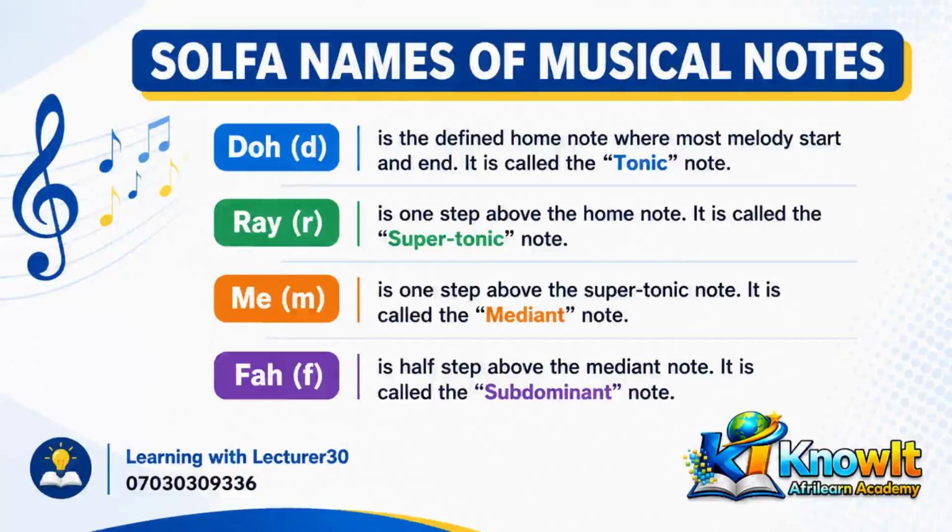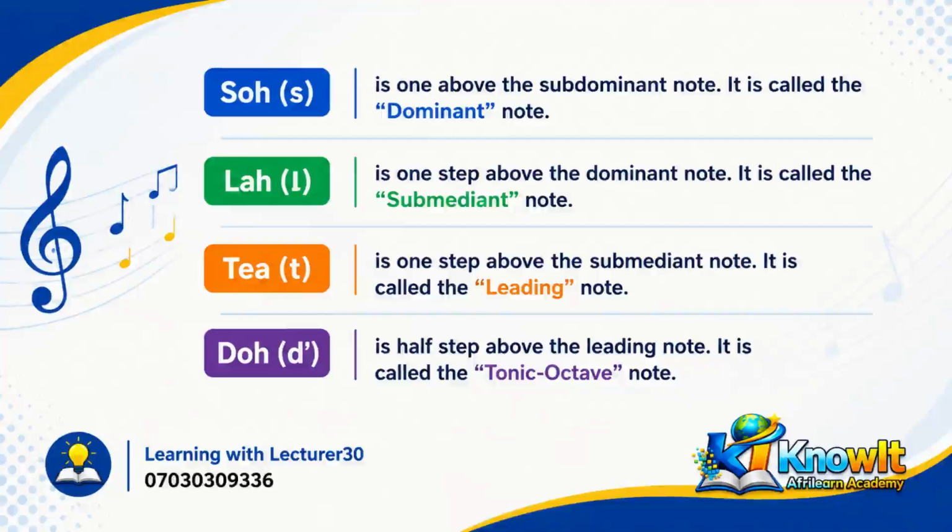It is the supertonic note. And we have the mi, one step above the supertonic note. It is called the mediant. Fa is half step above the mediant note. It is called subdominant.